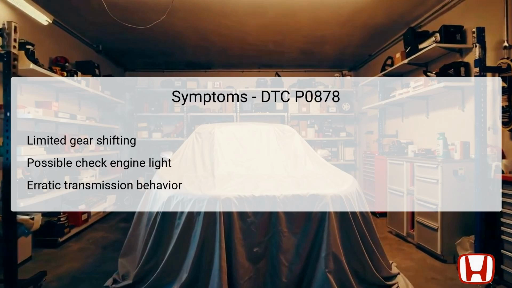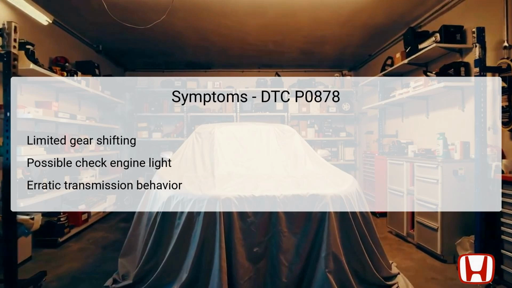Symptoms associated with DTC P0878 generally include several key indicators of transmission problems. First and foremost, the vehicle will exhibit limited gear shifting capabilities, primarily restricting shifts to only second through fifth gears due to the fail-safe mode activated by the PCM. A check engine light may illuminate on the dashboard, providing an initial warning of underlying issues.